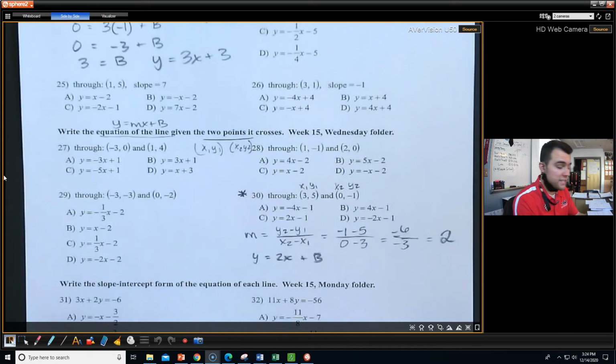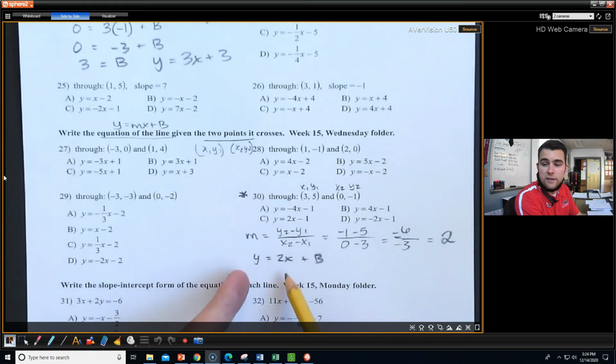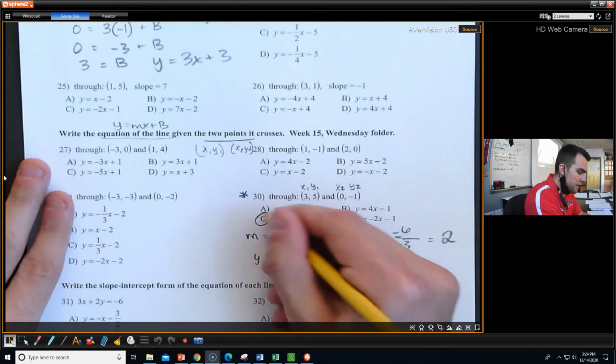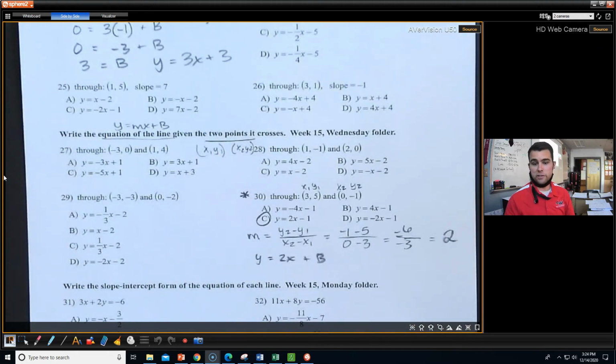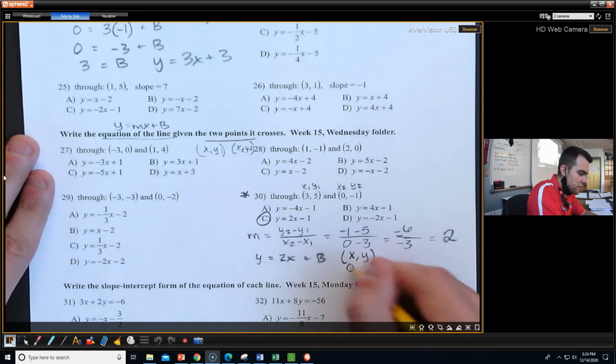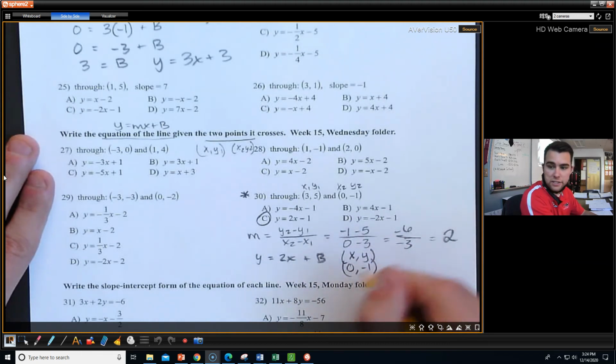And that's nice because it tells me that my answer right off the bat has got to be C without even doing anything else. That's the only one with a slope of 2. However, you're not always given your answer just by finding your slope. Sometimes you've got to find your b. Again, you can plug in your x comma y, so your 0 comma negative 1, for x and y and solve for b.